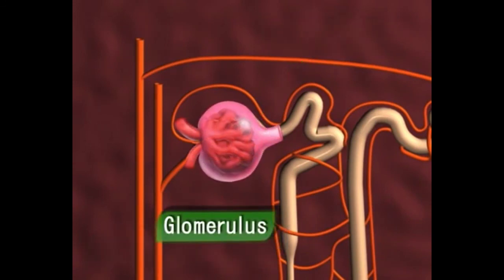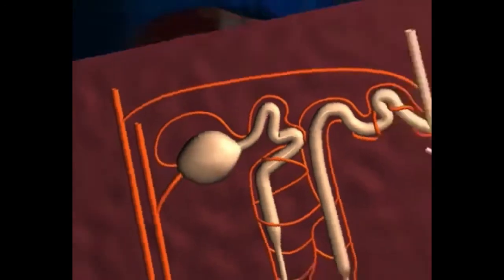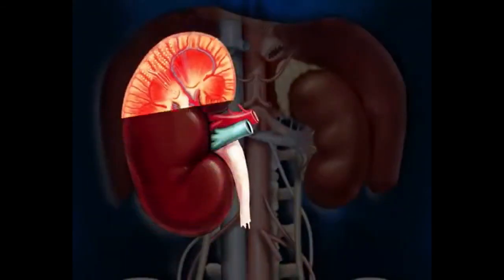The glomerulus is actually a miniature filtering or sieving device which consists of a tightly coiled network of capillaries. Waste is filtered from the blood and collected as urine.